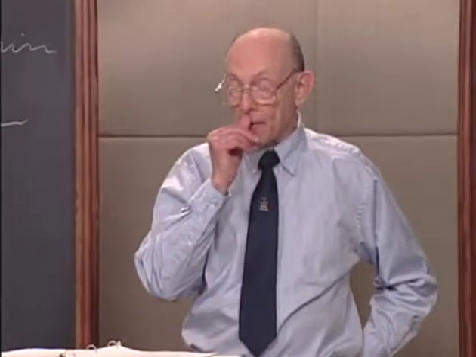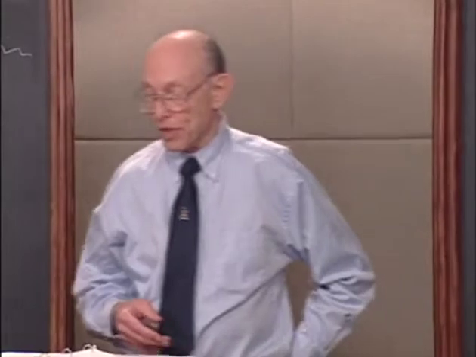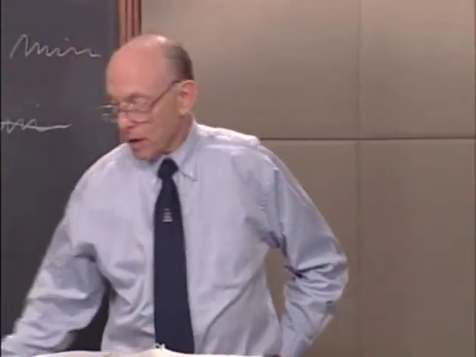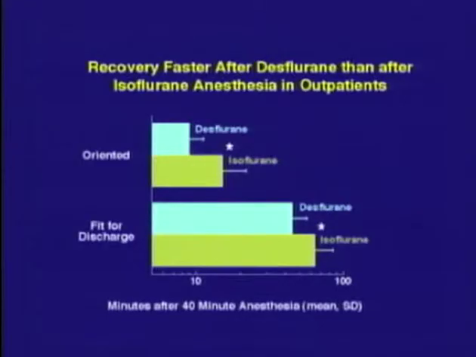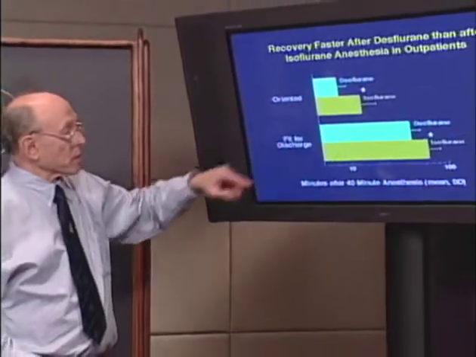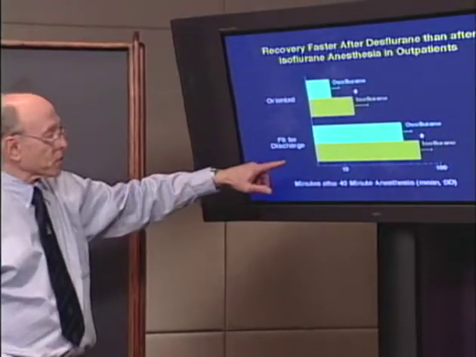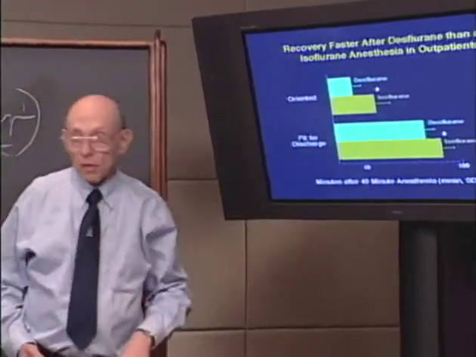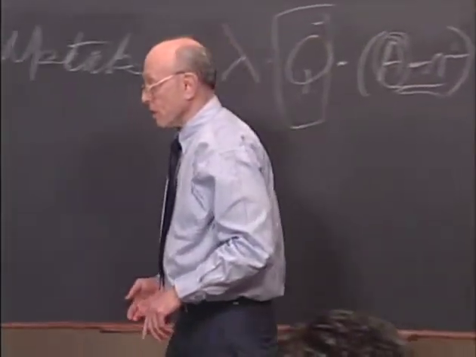Let's look at now recovery from anesthesia in adults. First, look at it for brief outpatient procedures. Here are some data from Lone and co-workers showing the recovery rate after desflurane compared to isoflurane. The patients given desflurane, indicated in this blue box, were oriented sooner than those given isoflurane and were fit for discharge perhaps 15 minutes sooner than those given isoflurane.